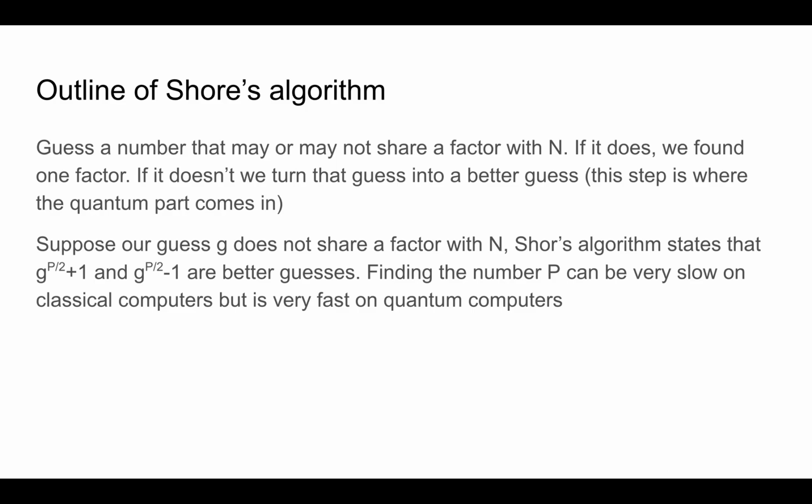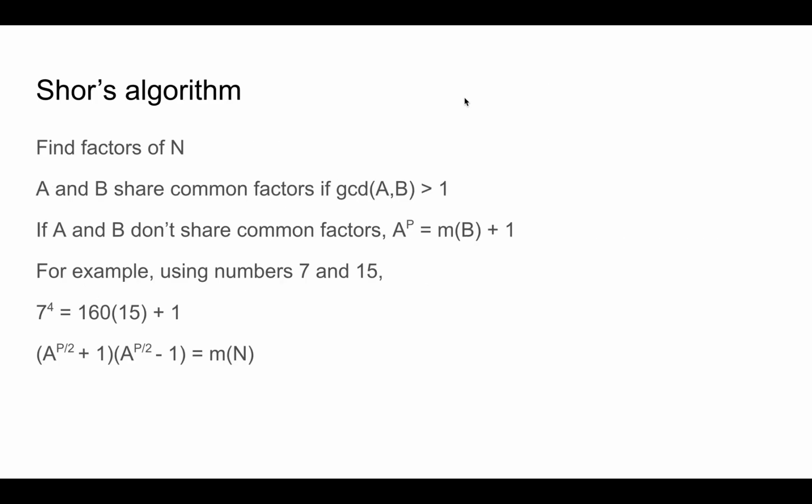However, how do we find the p? As you know, this p is arbitrary. For classical computers, it can be very challenging to calculate p because it may need to go through many operations. However, quantum computers need to go through far fewer operations because of the quantum superposition, which I'm going to explain later on.